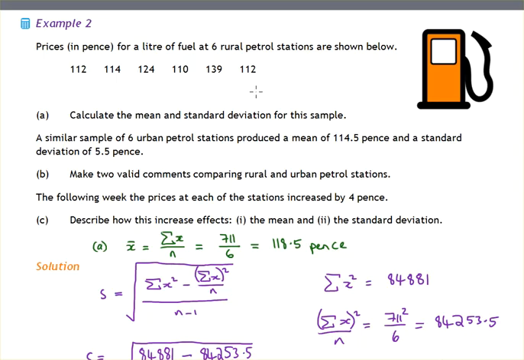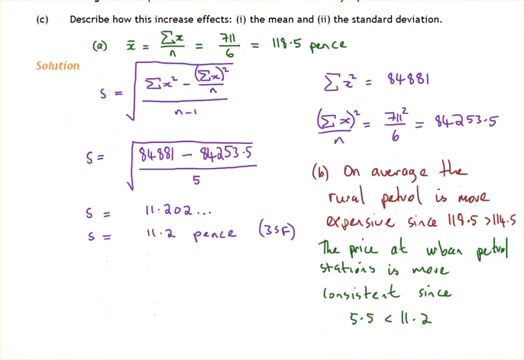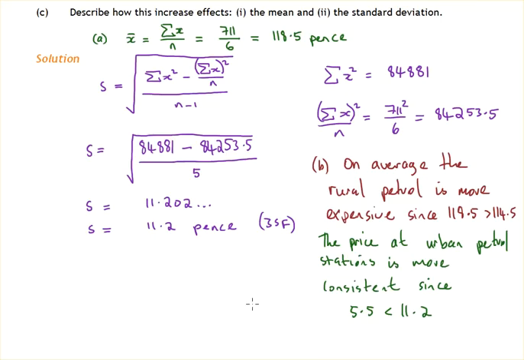So we've effectively added 4 on to the mean price, and that would be the same for the urban petrol stations as well. So if you add the same amount to all the prices, then the mean will go up by that amount. So in part C, part 1, the mean will increase by 4 pence because the average price has gone up by 4p, because they all went up by 4p.